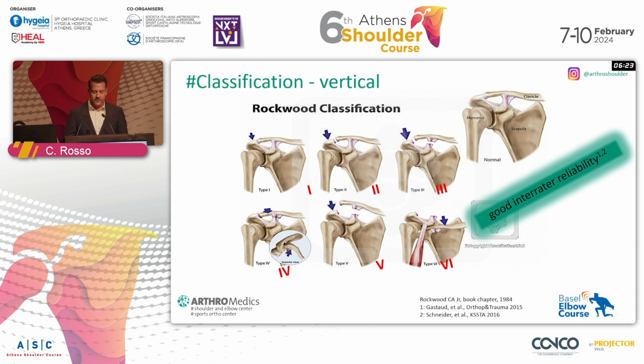So this picture, you already saw it with Felix's talk. We have a good inter-rater reliability in the Rockwood classification. It was originally published as a book article, and it was not an original publication. And then people looked into it, how really reliable is this? And for the vertical component, it's quite reliable.